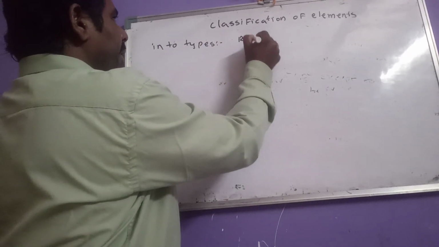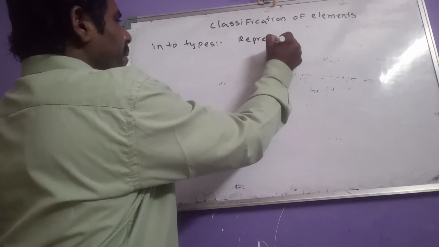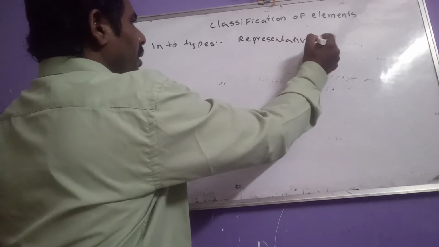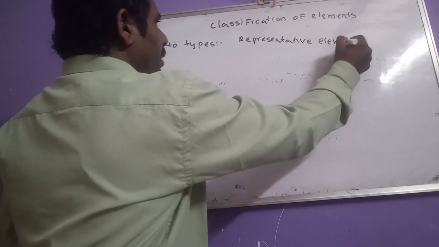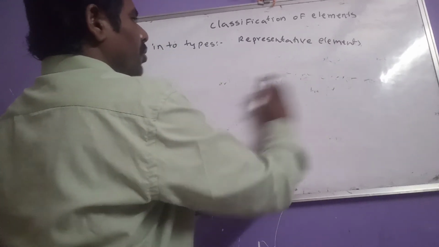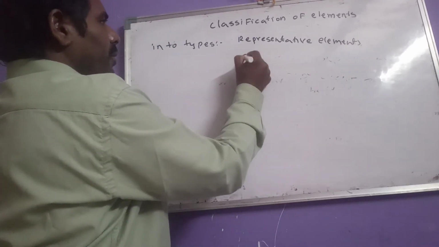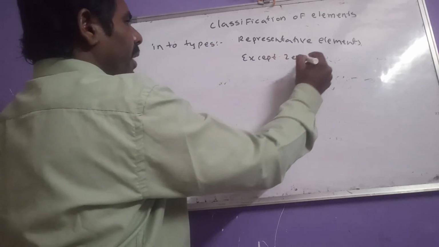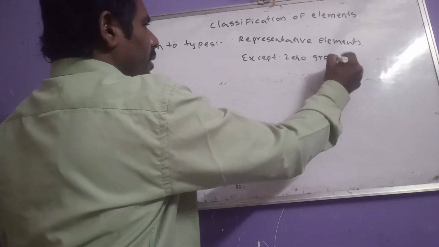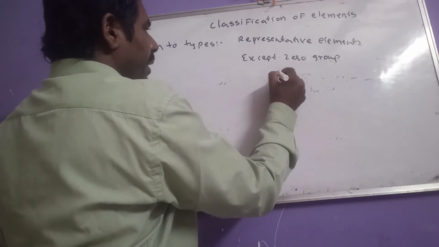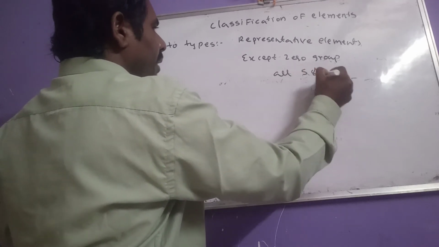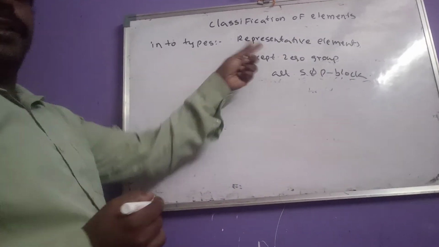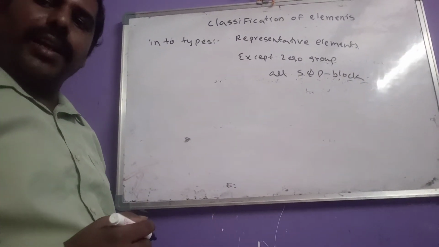Why is this name given? These elements represent human life. So those are called representative elements. Except the zero group, because those are already called inert gases, all the remaining s and p block elements are called representative elements.